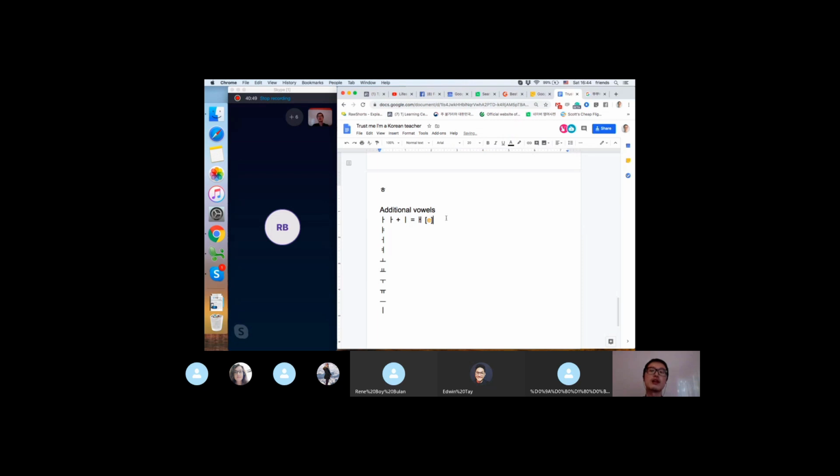That is the sound of this vowel. Okay, and let me give you another one. A plus e. Then how does it look? This. Then the sound must be e.